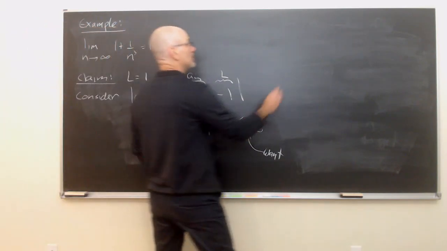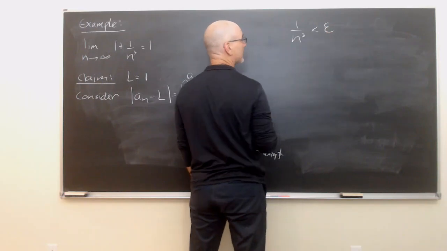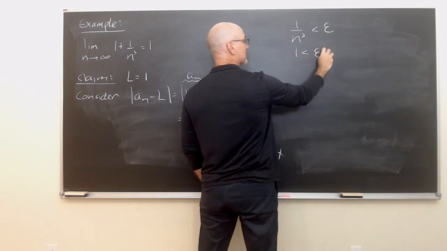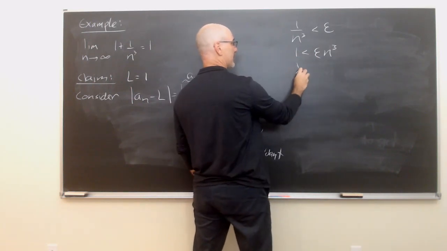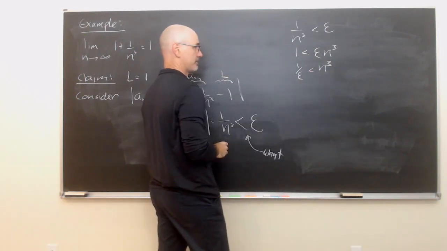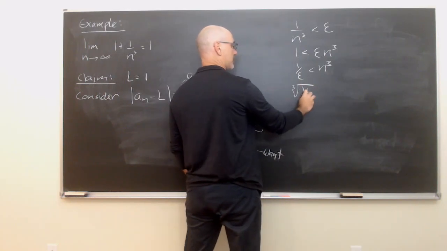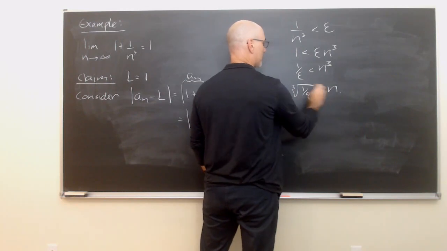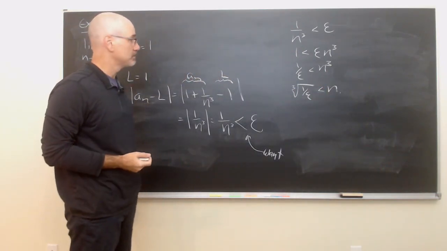So 1 over n cubed is less than epsilon. That happens when 1 is less than epsilon n cubed. And that happens when 1 over epsilon is less than n cubed. And so if I take the cube root of 1 over epsilon, that's going to give me a big enough n.